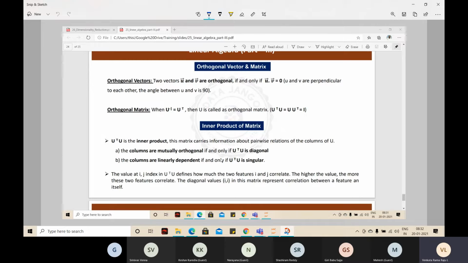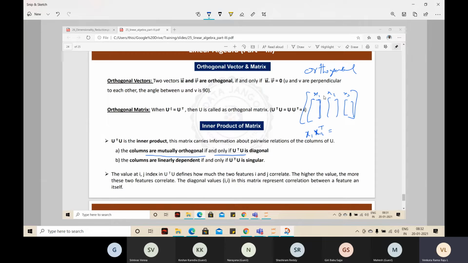So here, I made a statement. The columns are mutually orthogonal if and only if U transpose U is diagonal, right? So suppose that there is a matrix with x1, x2, x3. This is one vector. This is another vector. This is another vector. I am saying this is an orthogonal matrix. When I say orthogonal matrix, if I do x1 into x2 transpose, what is the outcome?